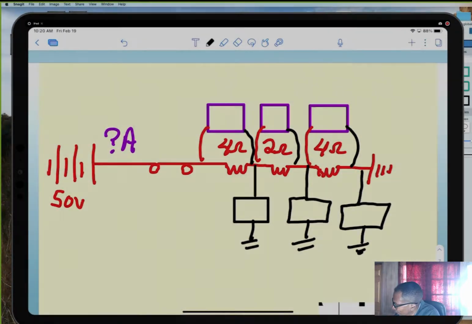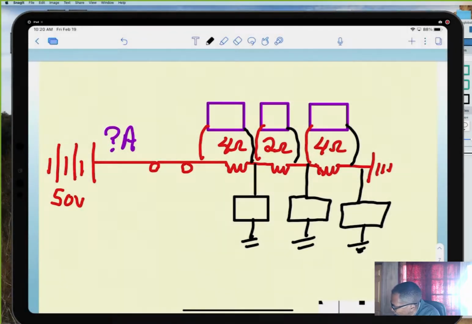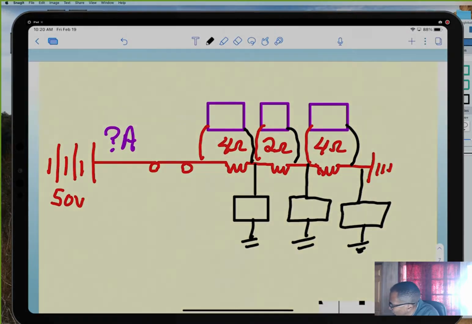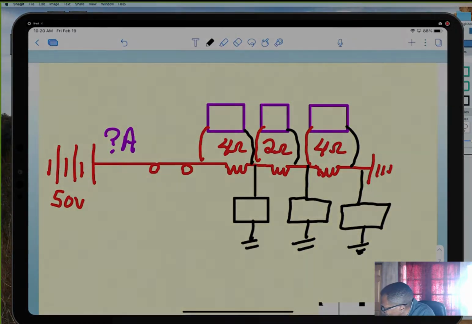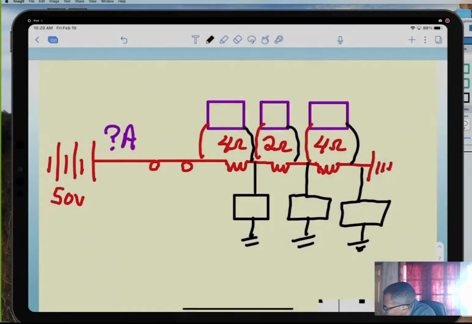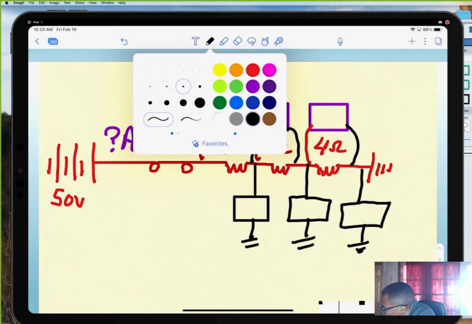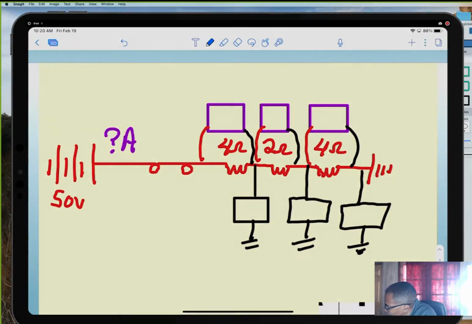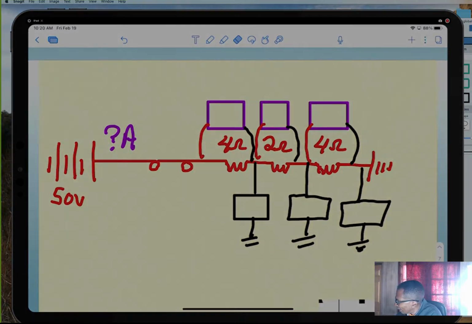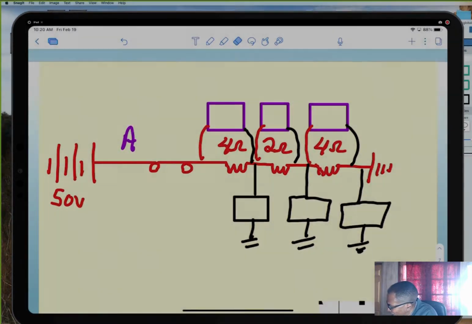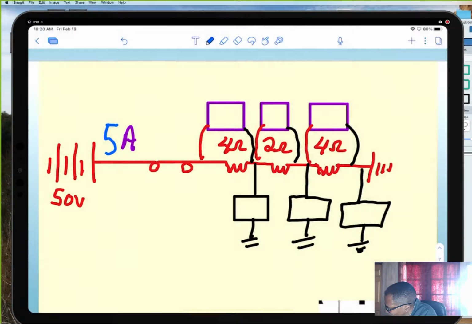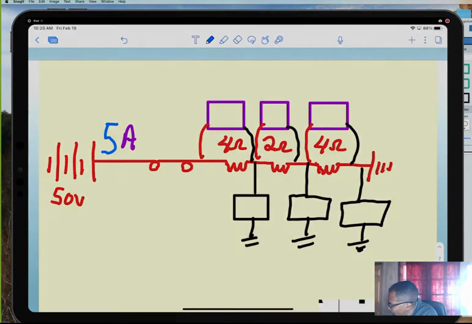All right. Let's figure out this one. How many amperage in this? What you're missing now is the amperage. 5. Very good. 5 amps. Exactly 5 amps.